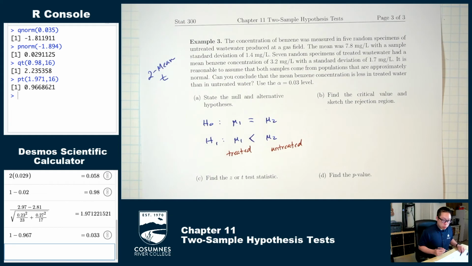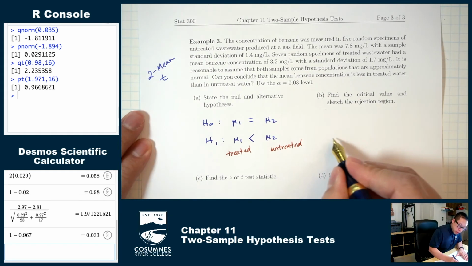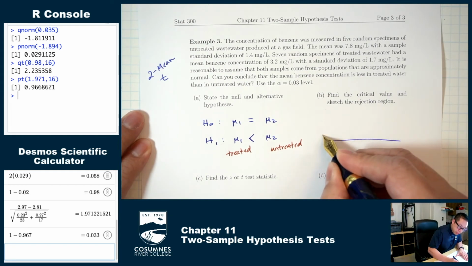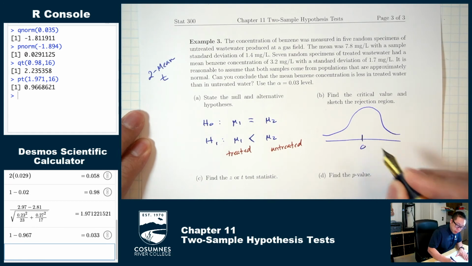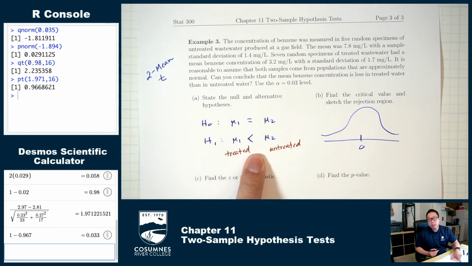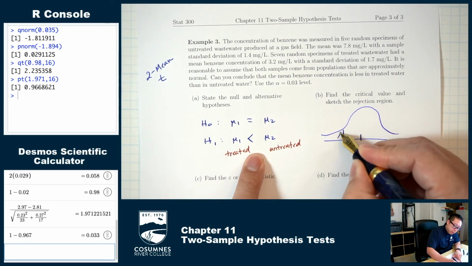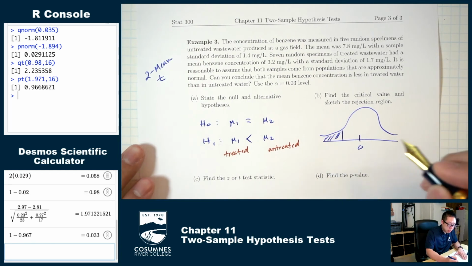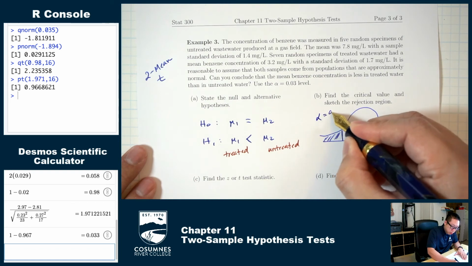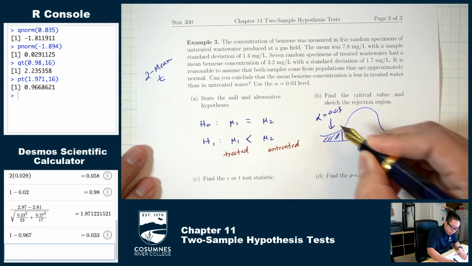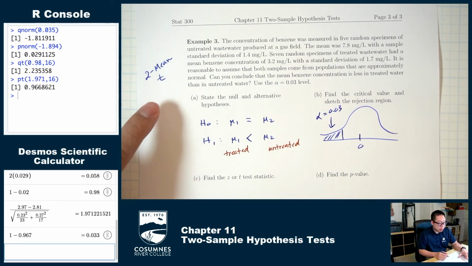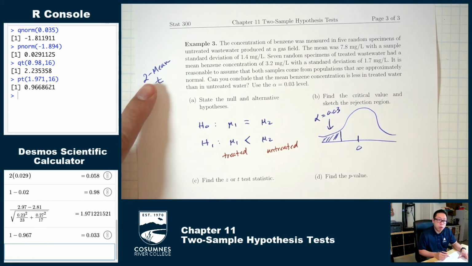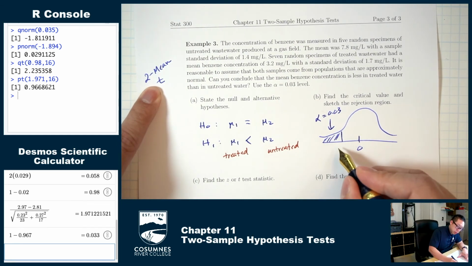Part B, find a critical value and sketch the rejection region. I'll draw my picture. For less than, this is going to be shaded to the left. The shaded area actually is the alpha, which is 0.03. And then we're either finding the Z star or the T star. We're talking about means here, so this is going to be a T star.